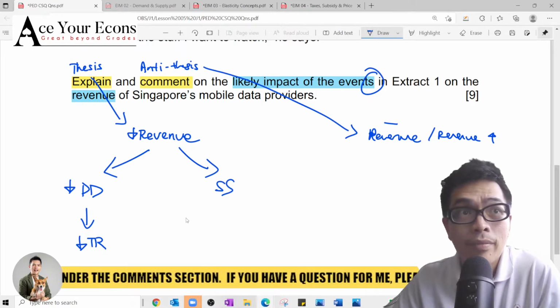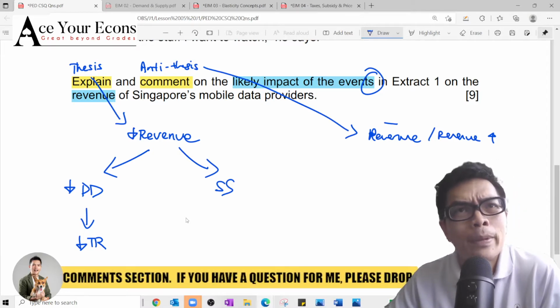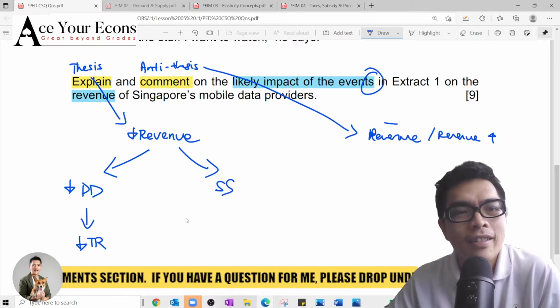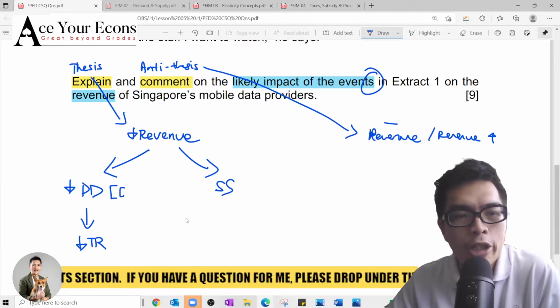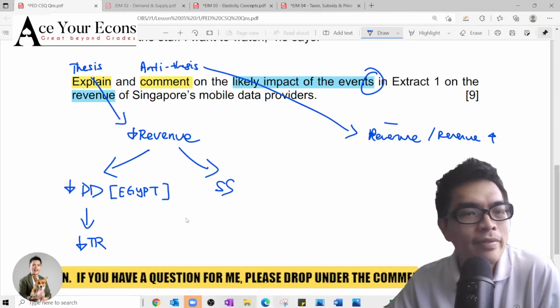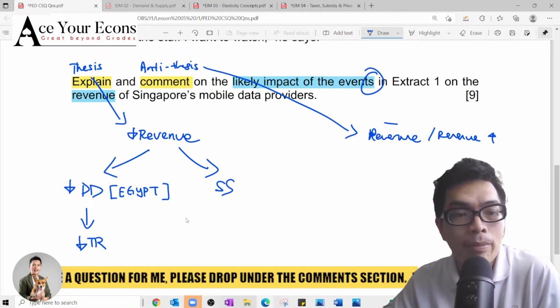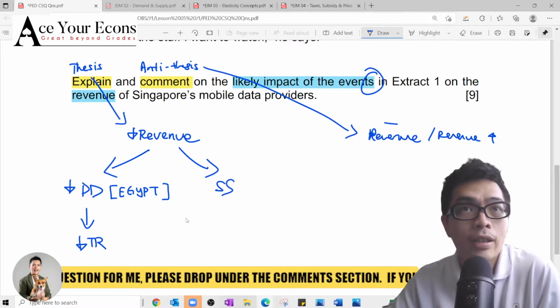Clear? So your job, I'm not going to obviously spoon feed everything, is to find out which of the Egypt factors is present. Which of the Egypt factors is present? Okay, you have to identify one from the extract to justify why. Is everyone clear?